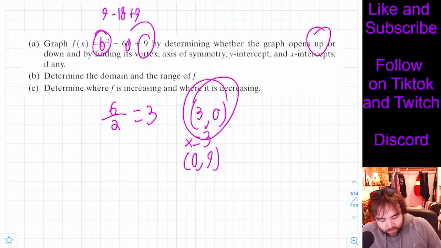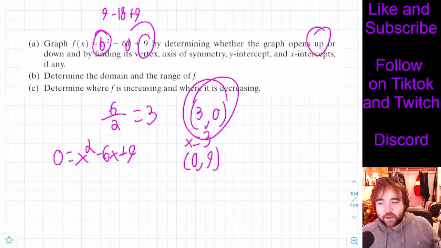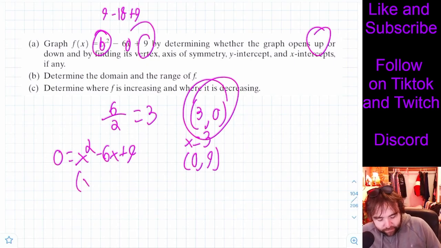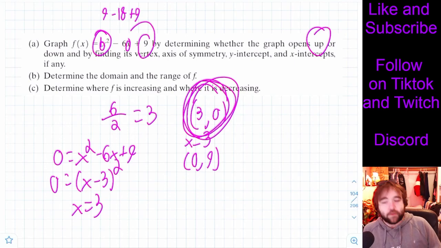If you think about what a parabola looks like, if the vertex is an x-intercept, well, it can't have another x-intercept. But we can see by doing our normal thing to solve for the x-intercepts, set the y value equal to 0. When we factor this, it's (x minus 3) squared. And that's why it ends up with only one solution at x equals 3, which we see right here.